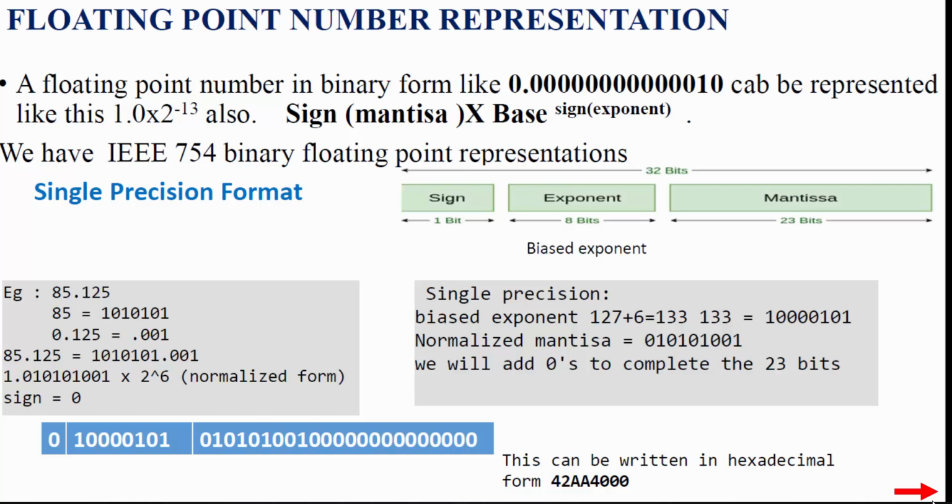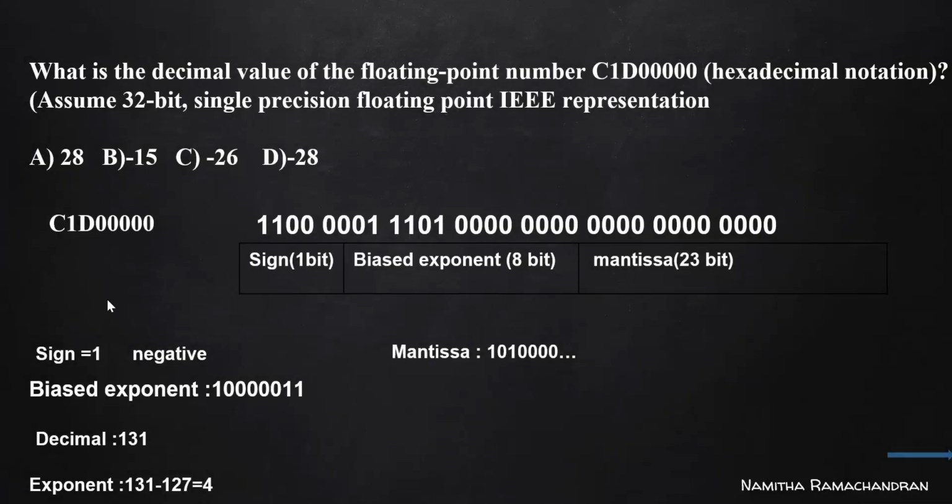So we need to consider that default 1 while converting into its decimal equivalent. The actual number here is, sign is negative, that is why minus, and the default 1 before the decimal point. So minus 1 point, then the mantissa field value, into 2 to the power actual exponent.